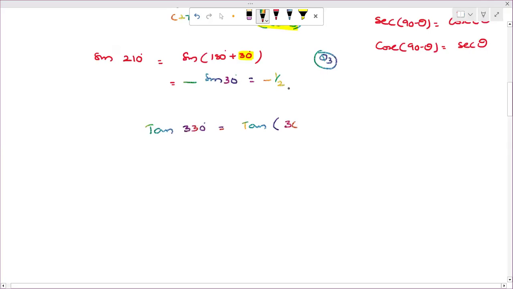So I write tan of 360 minus 30, in the fourth quadrant, where tan is negative. Negative means minus tan 30, with 360 minus theta giving tan only. So it will be minus, and tan 30 value is 1 by root 3. This is how we have to simplify if larger values are given.